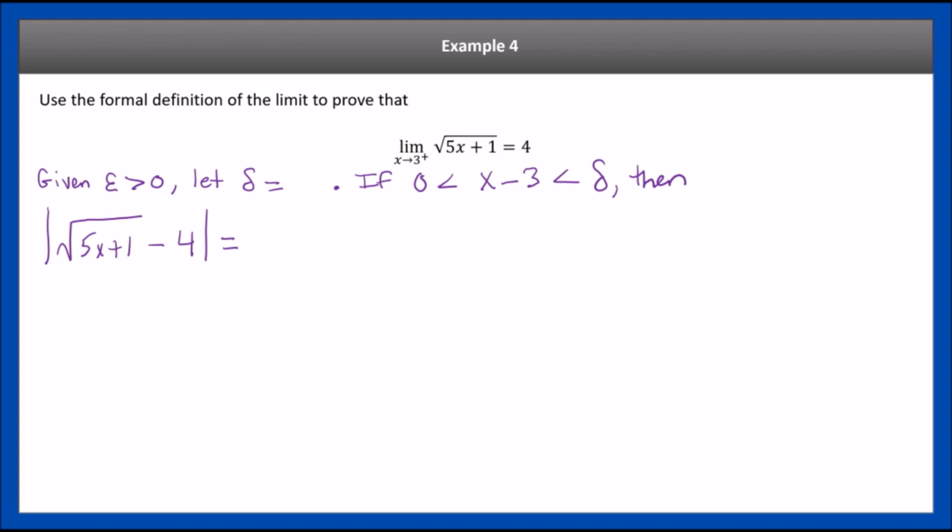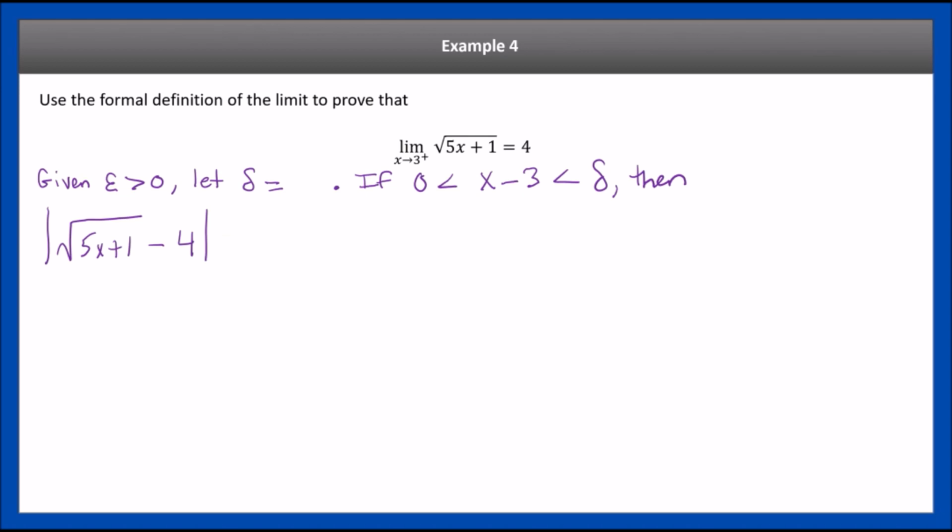What you're going to do is get rid of the square root. Essentially, you're going to rationalize it in a way. We're going to multiply by the conjugate, and that will get rid of the square root on one of the sides, meaning the numerator versus the denominator.